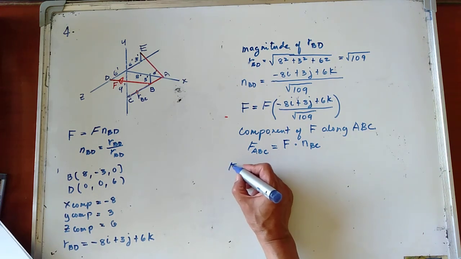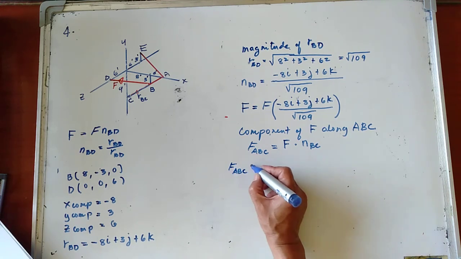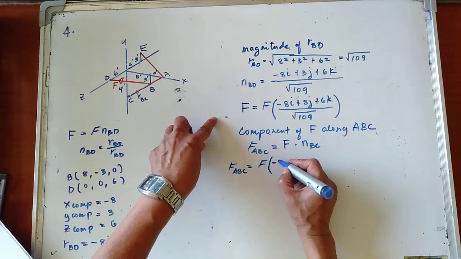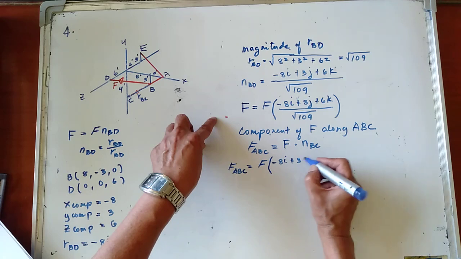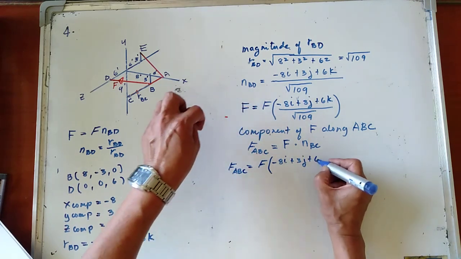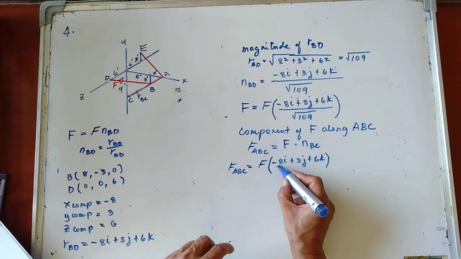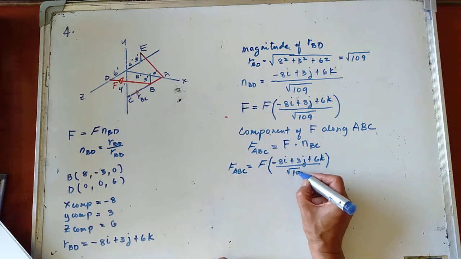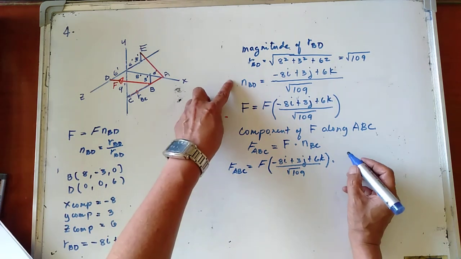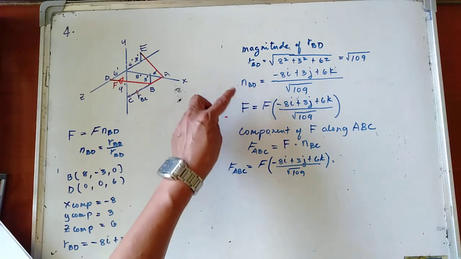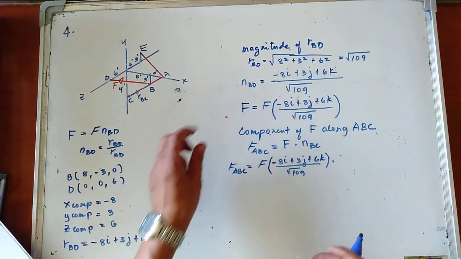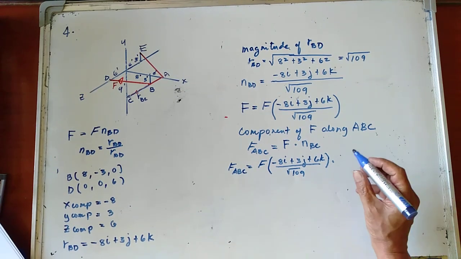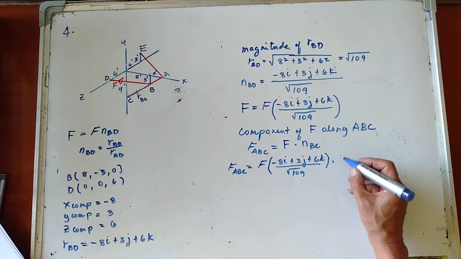So we have F along ABC equal to the magnitude of that vector times minus 8i plus 3j plus 6k, divided by the square root of 109, dot the unit vector BC.